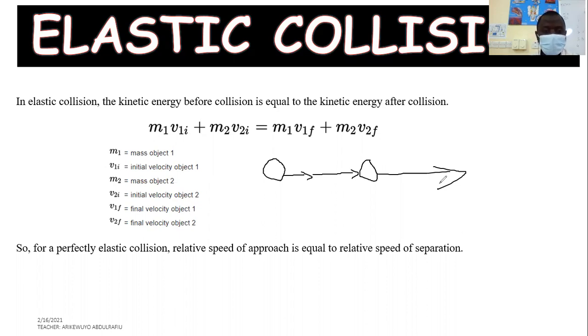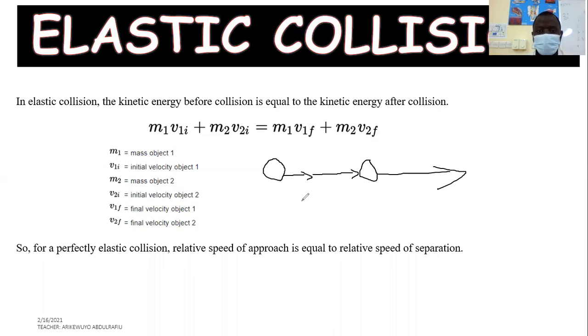All right, so now there are two types of collision: inelastic and elastic collision. What do we mean by elastic collision? When these two objects collide and they move in their separate ways, then we have elastic collision.